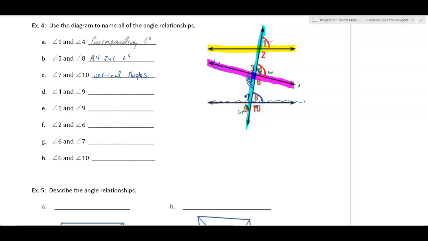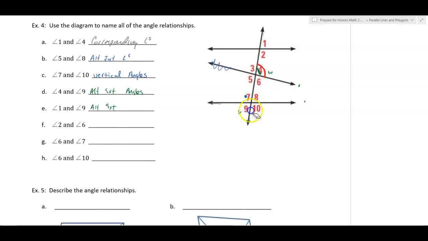This is exterior, so these are alternate exterior angles. 1 and 9, if I look at those, I'm using the yellow line and the blue squiggly line, opposite sides of the transversal. This angle 9 is exterior, angle 1 is exterior, so again, alternate exterior angles.